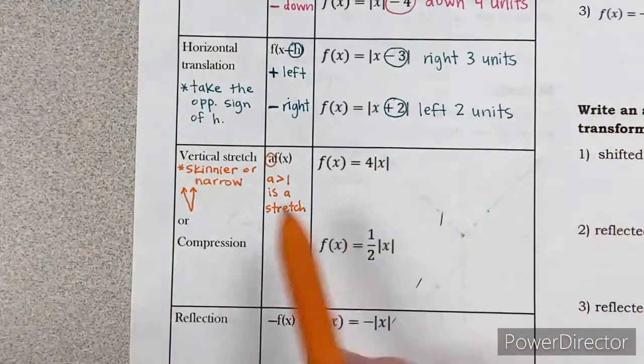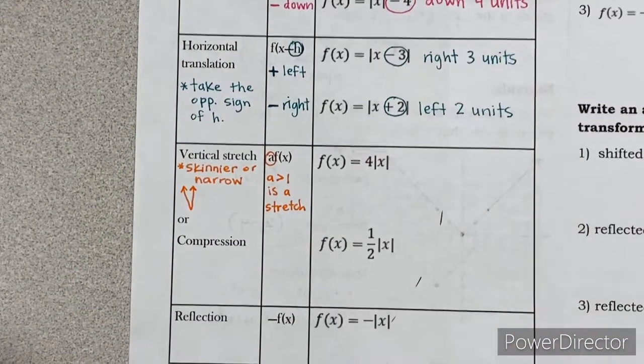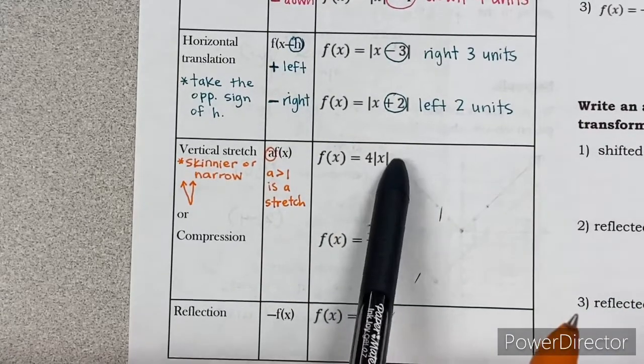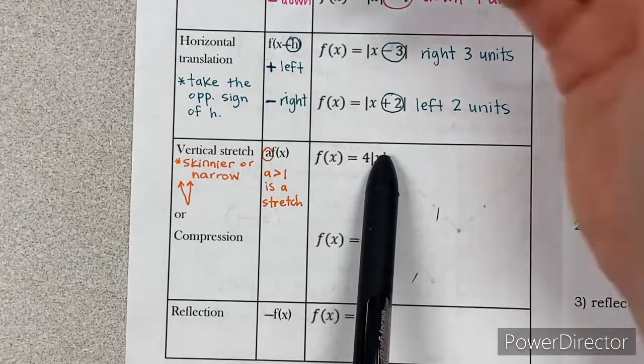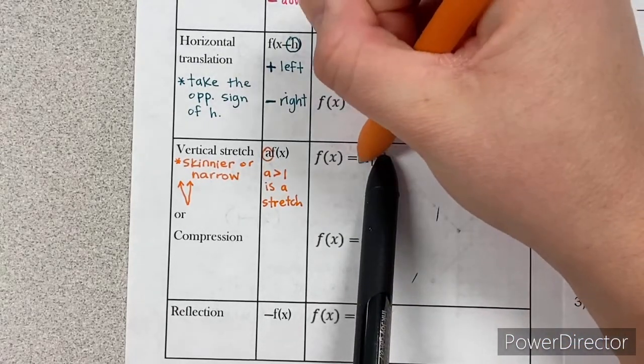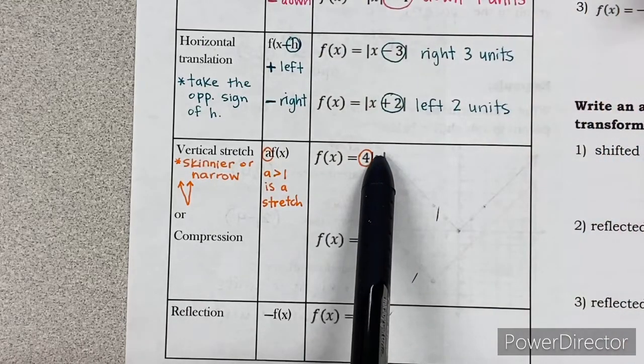So when we look at this first example right here, if I want to do my little trick where I cover up the X, if I see a number, I have to deal with it and say what it does to my graph. So I covered up my X, and I've got this +4. That is a whole number. It's bigger than 1, which means I'm going to stretch my graph.